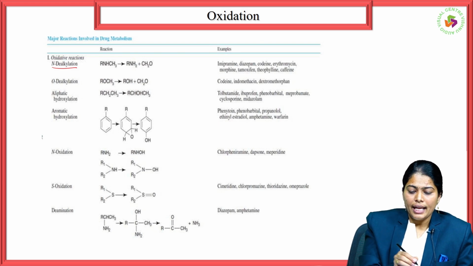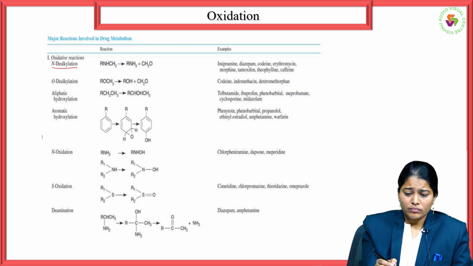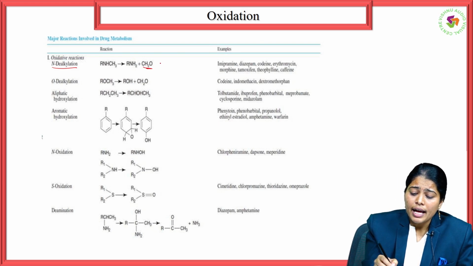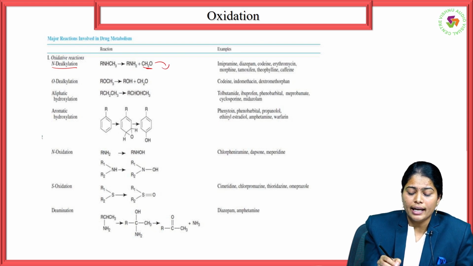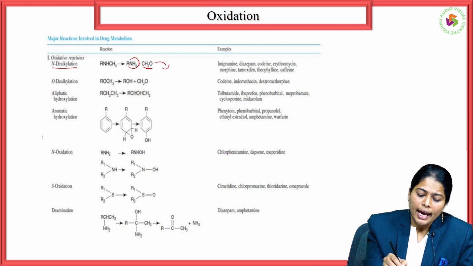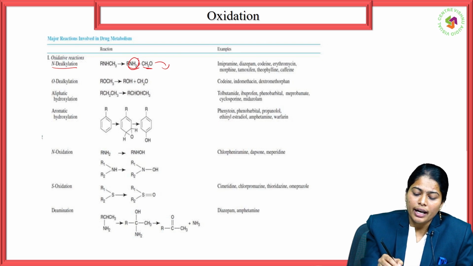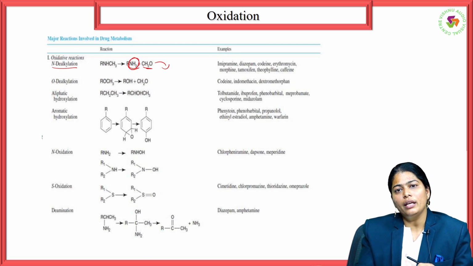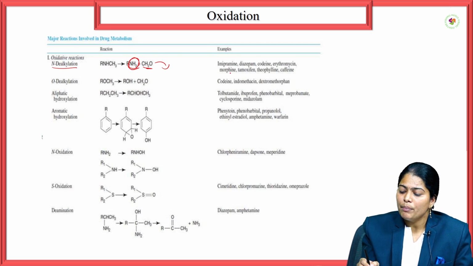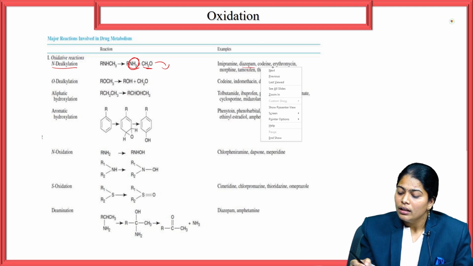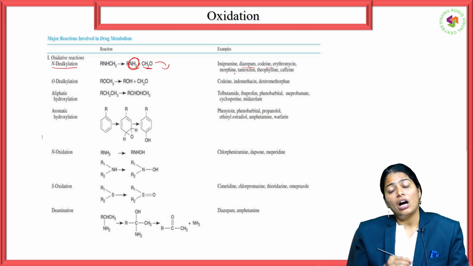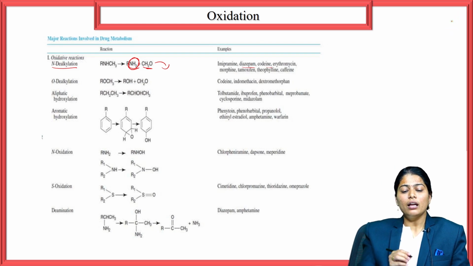So here see, in the N-dealkylation, the alkyl group was removed. That's why we call it dealkylation. And see here, an NH2 group, which is an amine group, is attached to the drug molecule, which is water soluble in nature. So these are examples like imipramine, diazepam, codeine, morphine, etc. All these types of drugs are involved in N-dealkylation reactions.